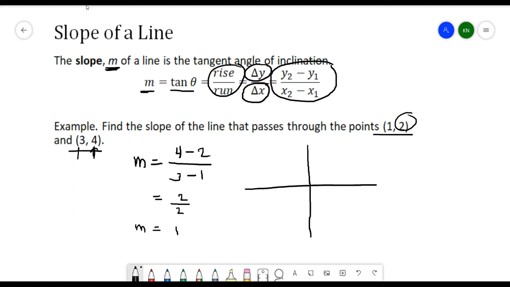So we have the first point, which is 1 and 2, and the second point, 3 and 4. So let's try to graph that one. 1 and 2, that's found here. 3 and 4, that is found here.